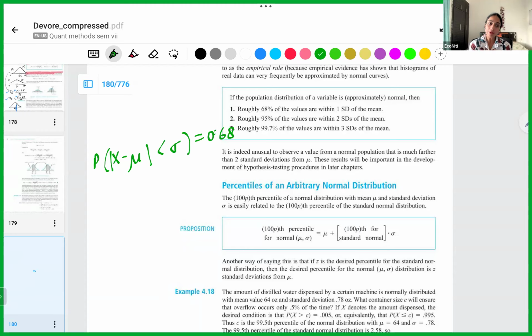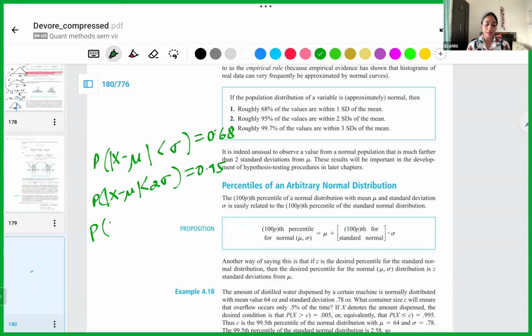So if your mu is 2 and your sigma is also 2, then 68% of the values will lie between 0 and 4. Similarly, the probability that X minus mu will lie within two standard deviations is as usual 0.95. 95% values will lie within -2 and 6.